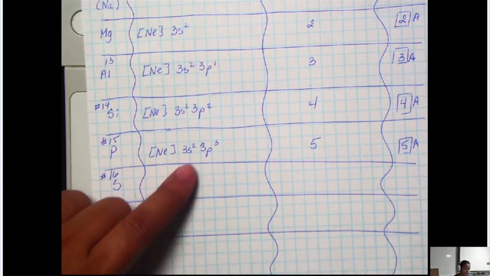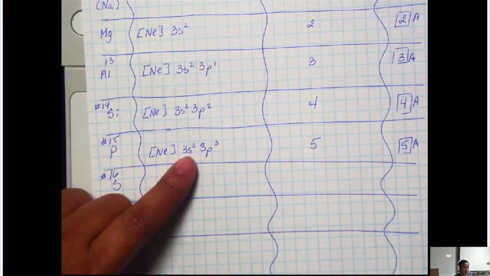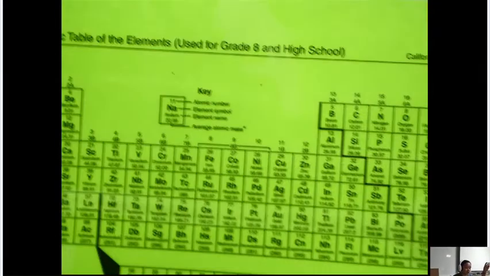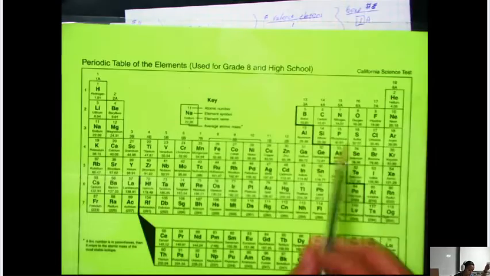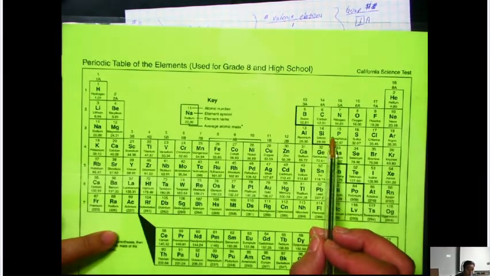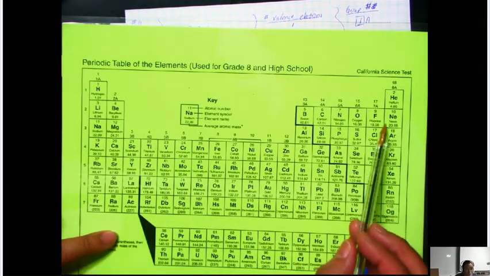Okay, so back to this one because there's a question on this one. Why do you have a 3s2? When it ends with a p, it's on the p side, because you still have to write everything for that line. So what happens is when I have phosphorus here, we started out with neon.